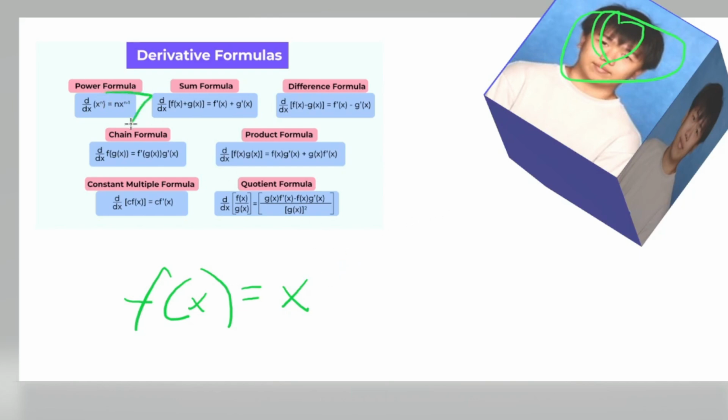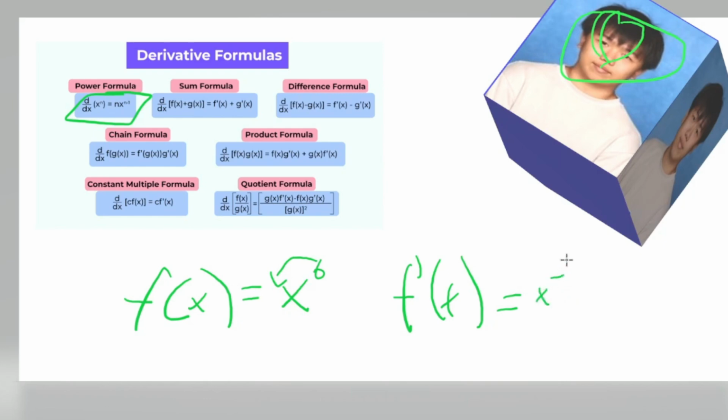What the rule states is that if you want to find the derivative of f of x, which is denoted by putting an apostrophe right next to the f, you will need to subtract 1 from the exponent and put that number in the front. So the derivative of x to the 6 would be 6x to the 5th. It's really simple.